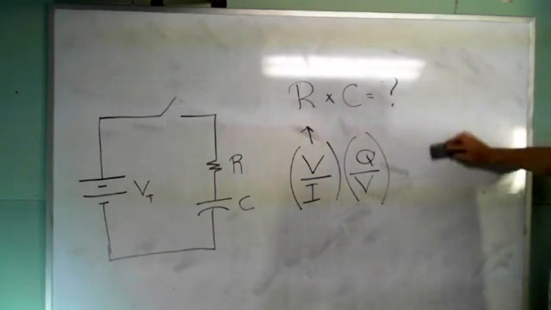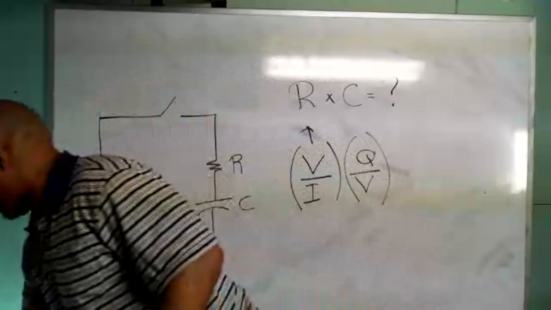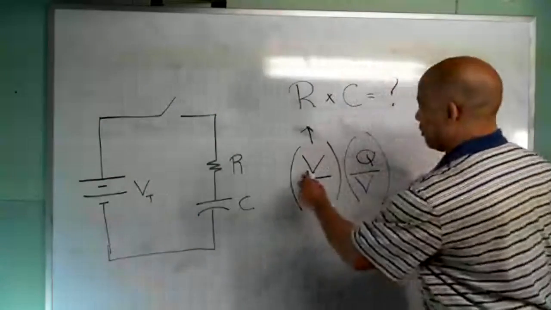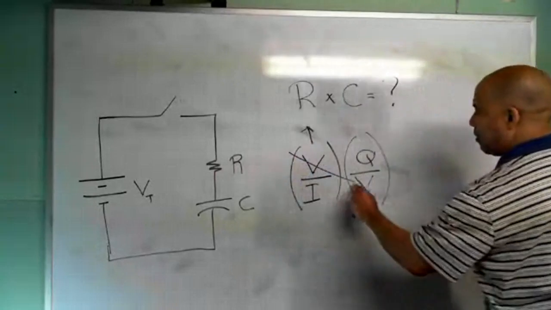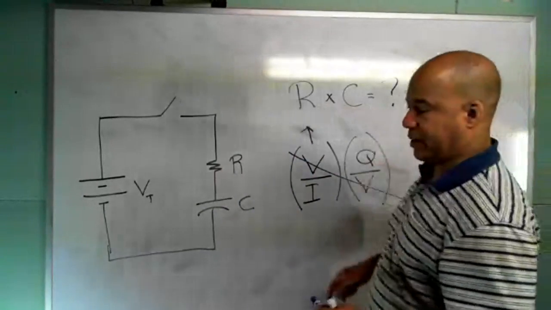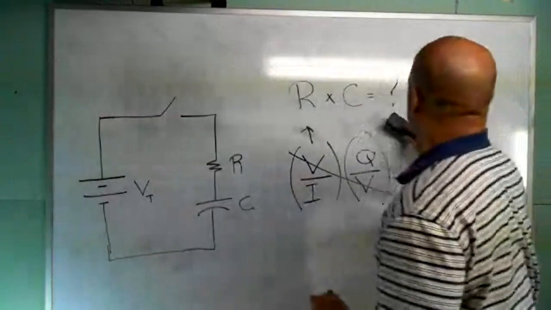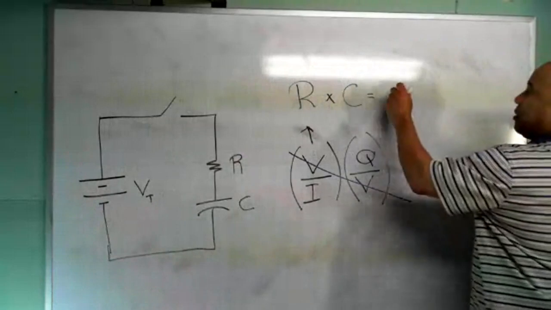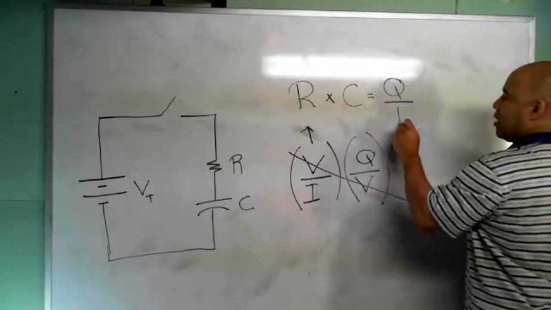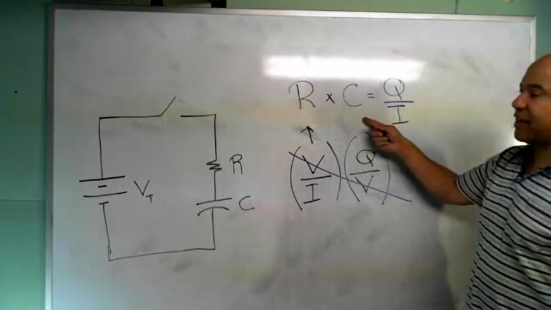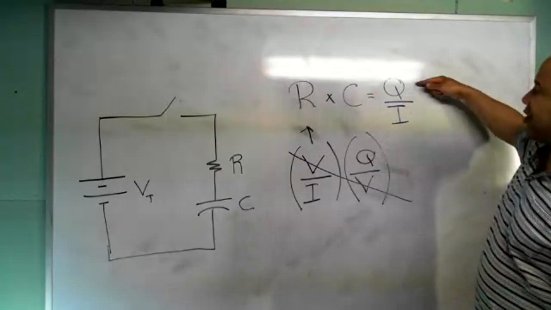If that's the case, you can see right away what's going to happen. These two V's are going to drop out. And that will mean that R times C is really equal to Q on I. By taking R times C, I get this thing Q on I.